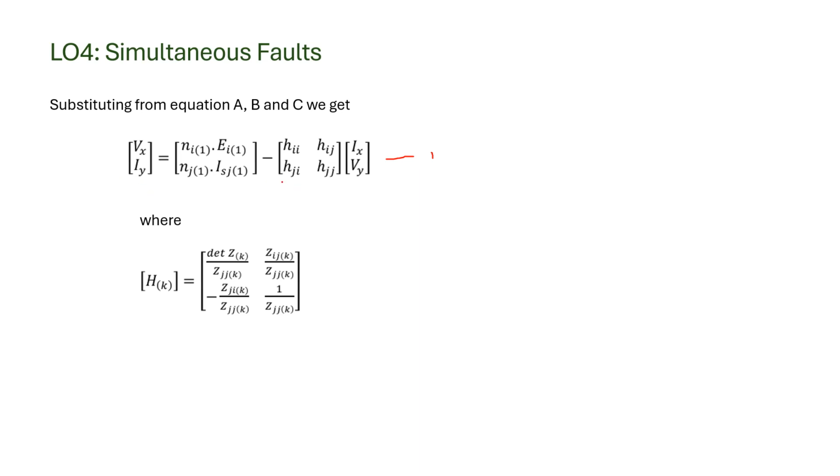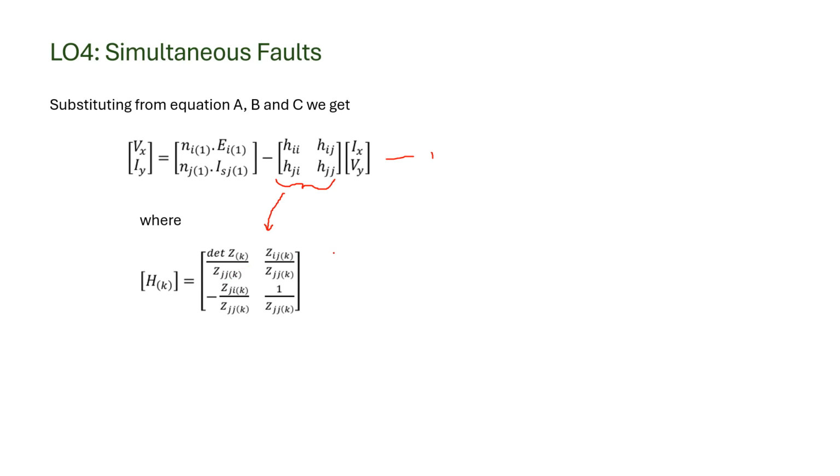Now here this H parameter is the equivalent H parameter, and how can we find it out? We can actually find it from the Z parameters. So why are we using Z parameters? Because we know how to find Z bus.